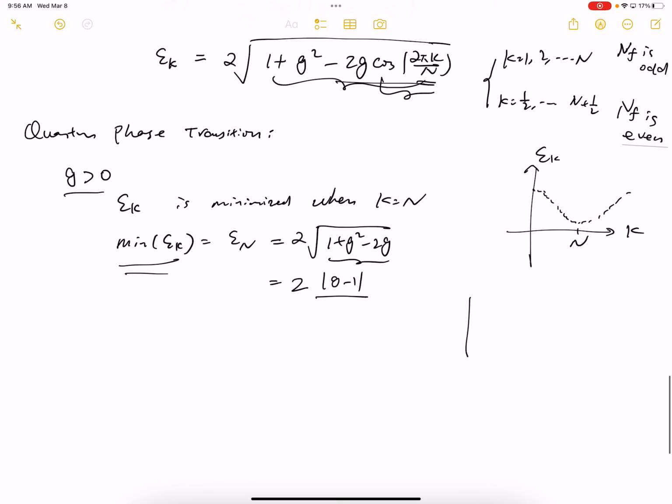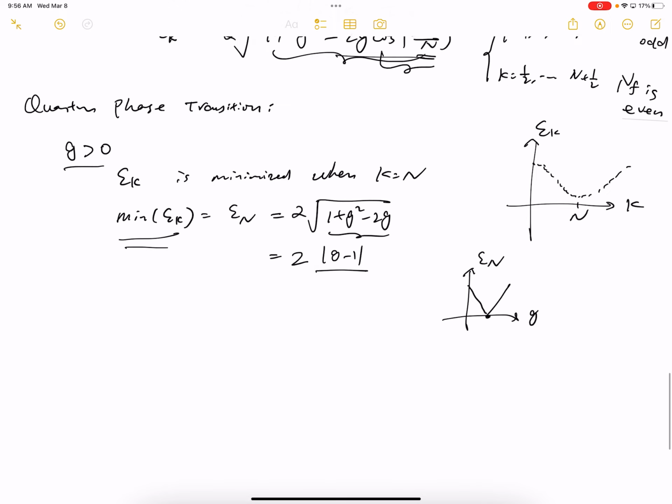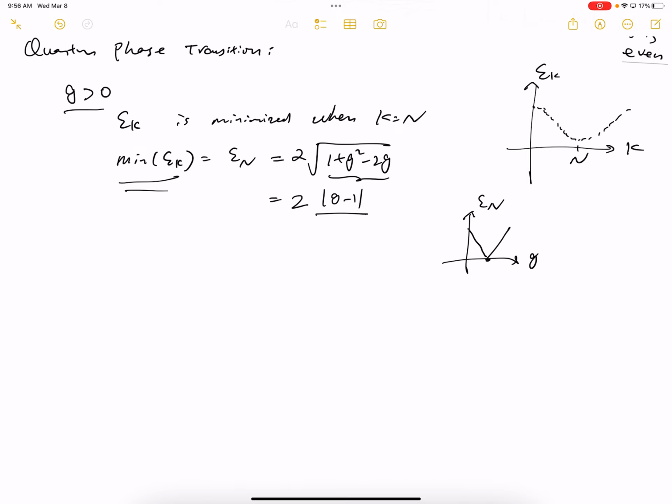If you just look at the lowest single particle energy as a function of g, you're going to get something like this, basically a kink here, because it's an absolute value. So this is discontinuous as g goes from a little bit smaller than 1 to a little bit larger than 1. This is already a strong indication that something is non-analytic at g equals 1.